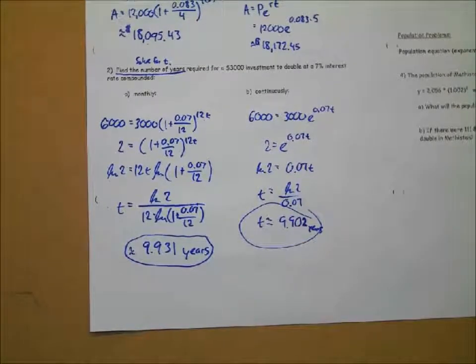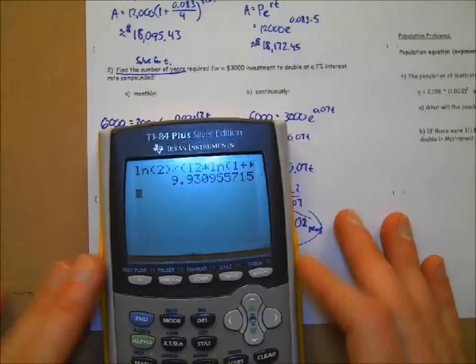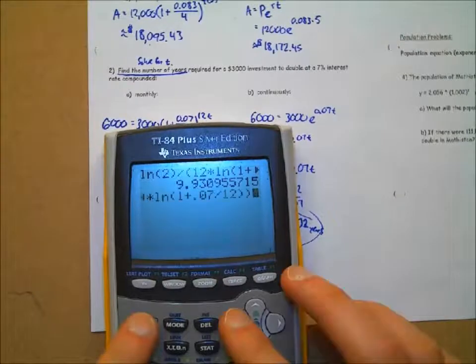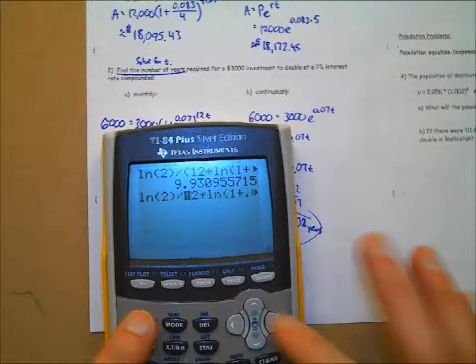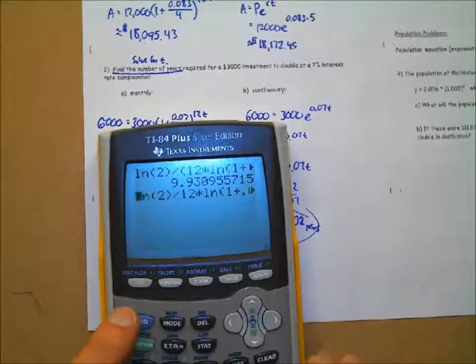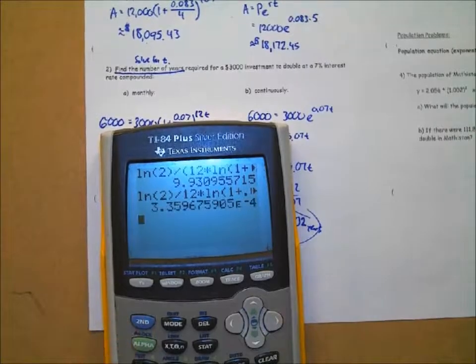Yes, Riley. Can you please show how to put part A in the calculator, because I keep getting something different. Yes. So did you put parentheses around 12 times natural log of 1 plus 0.07? No. So that's what you need to do. This is what I typed in. You have typed in this. Is that what you got, 3.35 something?